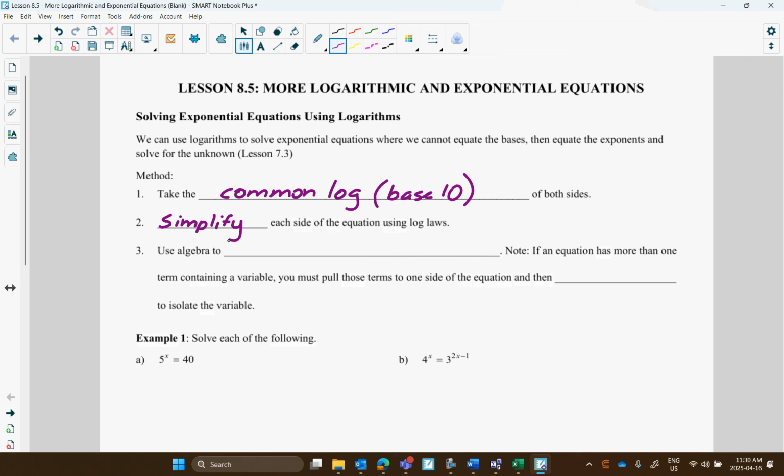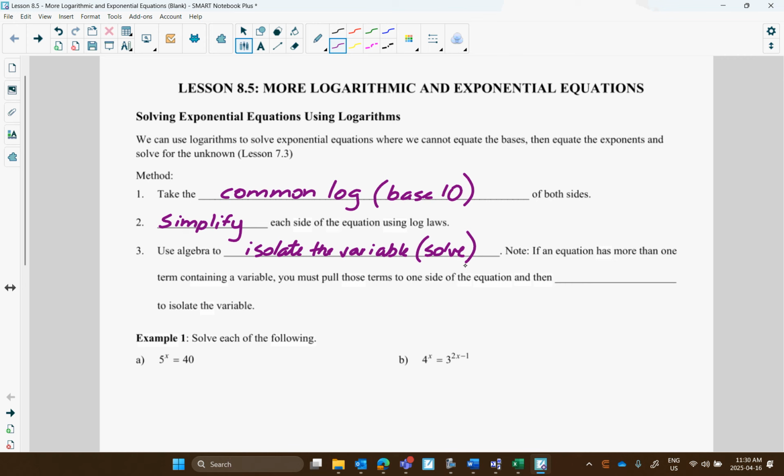Like if we had two logs with the same base that we're adding, that's the same as a single log with the arguments getting multiplied. Then we have the division one, then we have the power one. So when you do that, we have to use algebra after that to isolate the variable. In other words, solve what's left, because that's the whole purpose.